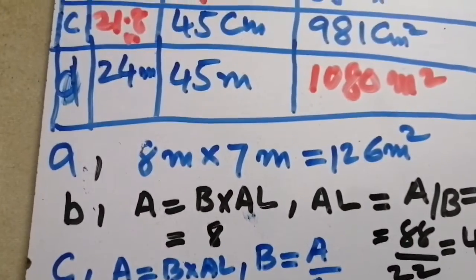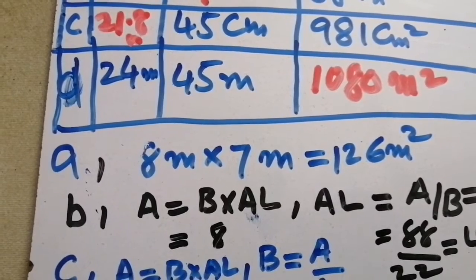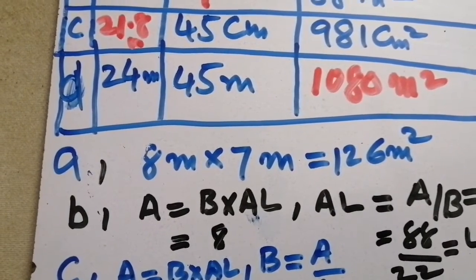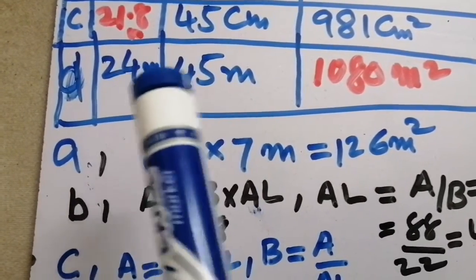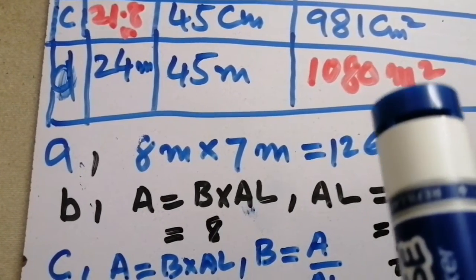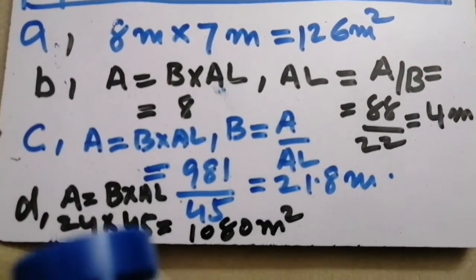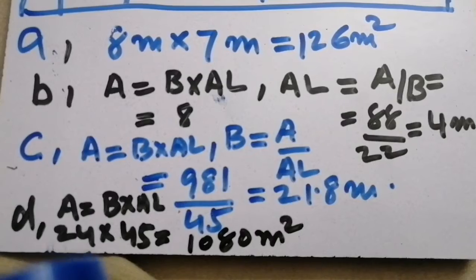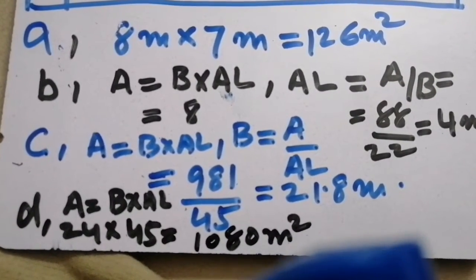Now part D. The base is given and the altitude is given. We have to find the area. So it is the same, base into altitude. The base is 24 multiplied by the altitude, and it is equal to 1080 meters square.